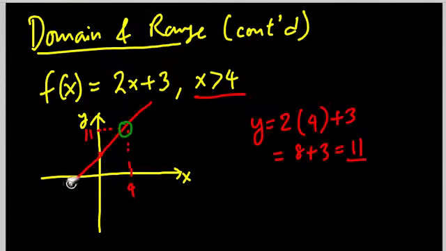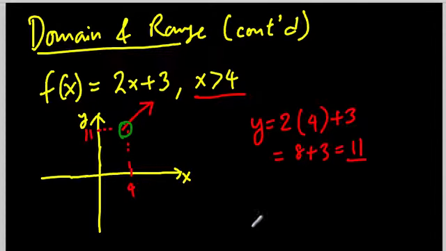We have to erase all of this till we get to 4. Let me make that a little bit more neat. So really, this graph goes from 4 and beyond. I'm going to draw a little arrow, which means that it's going to go from 4 and beyond.